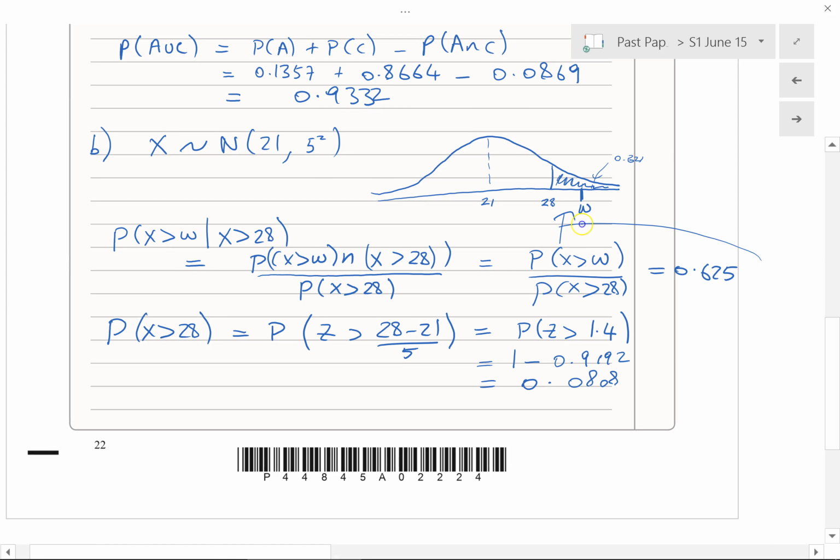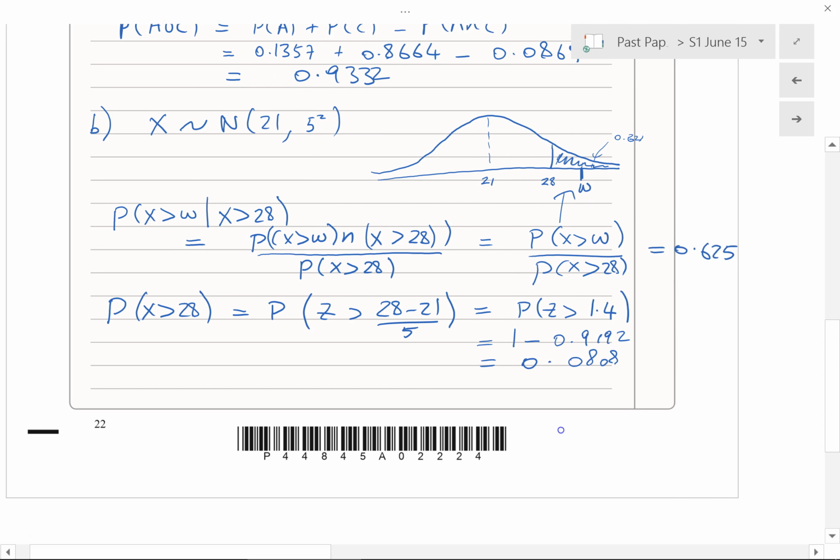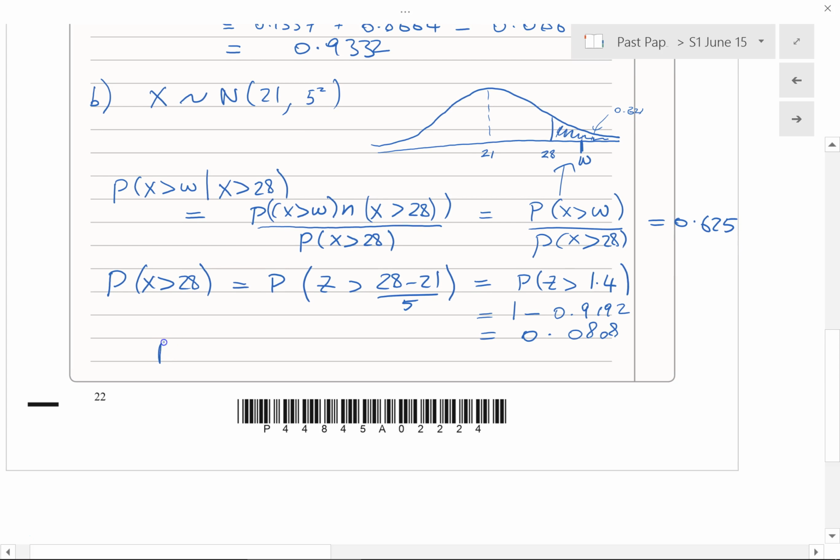Now let's get back to this formula here. We can now say that P(x greater than W) is therefore equal to 0.625 times 0.0808, which is 0.0505.